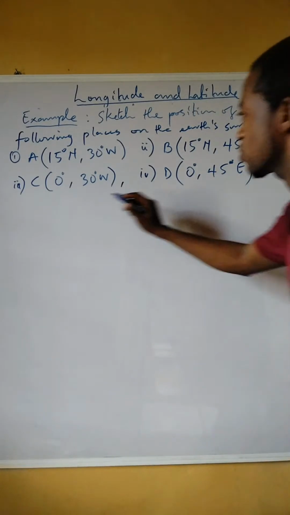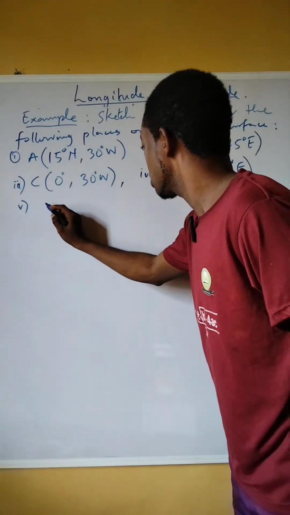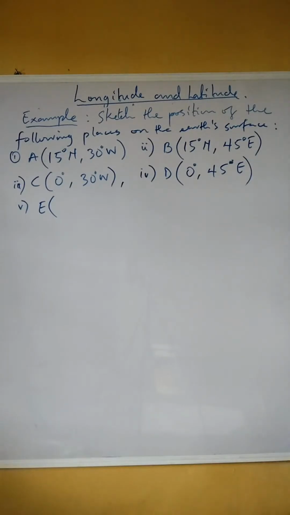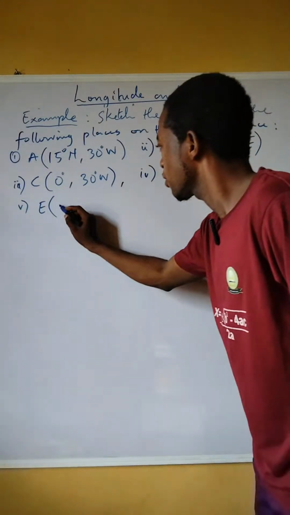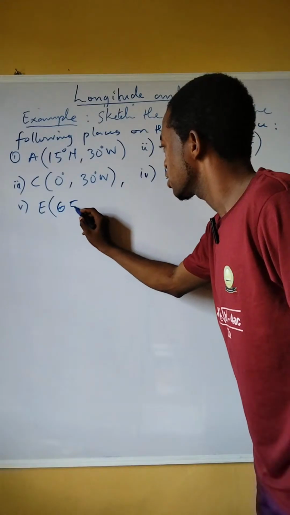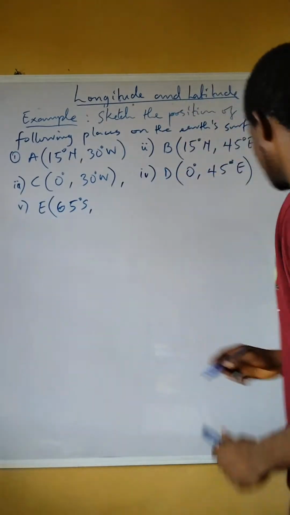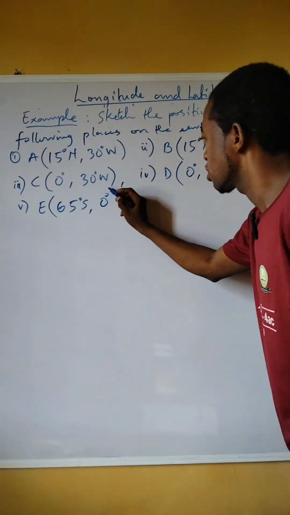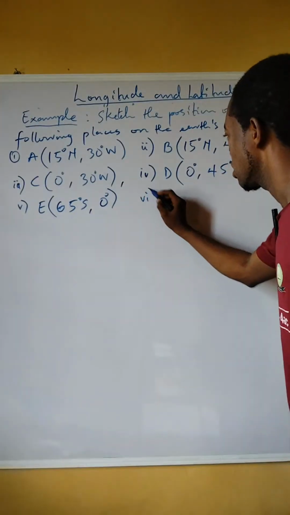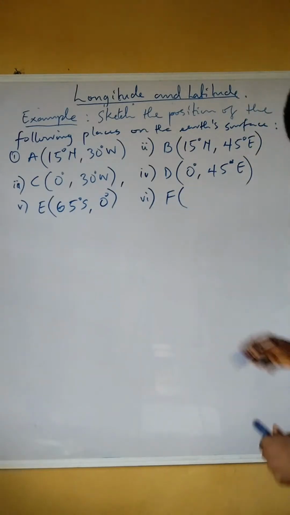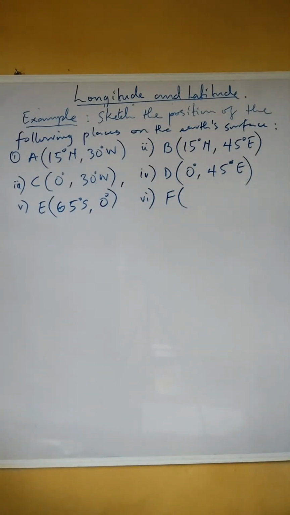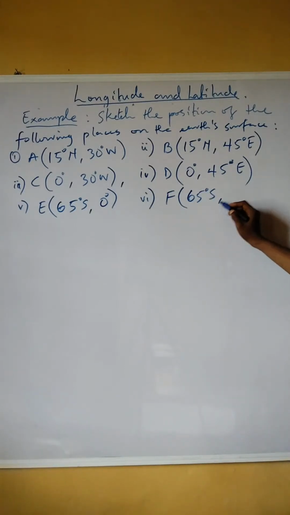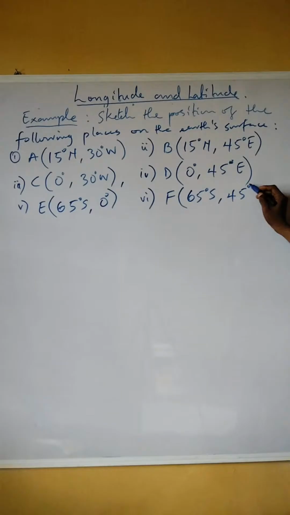So we have the fifth one, which is point E, and that is given as 65 degrees south, 0 degree, and number 6, we have point F, and that is 65 degrees south, 45 degree east.